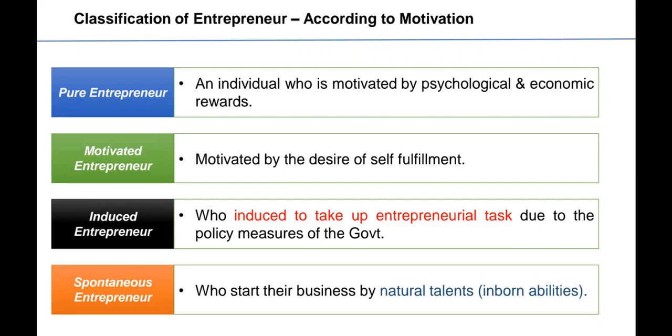Psychologically, he thinks that business will give him more profit compared to a job. Business is going to give him more reward. So all those motivation points make an entrepreneur a pure entrepreneur. Then motivated entrepreneurs are motivated by the desire for self-fulfillment. When an entrepreneur has a lot of desires, like he wants to be a millionaire, he wants to be a businessman, he wants to start his own many businesses.